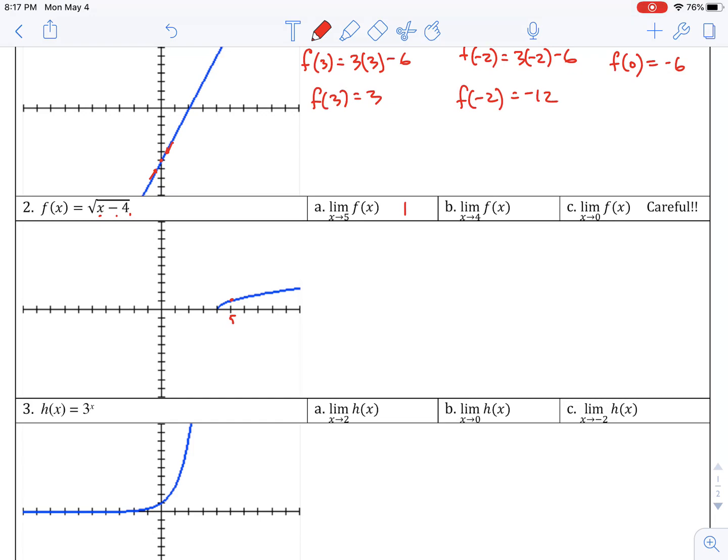The limit as x approaches 4, well, it looks like 4 would be right here, so it looks like it's approaching 0. And as x approaches 0, that's all the way over here, and the graph doesn't exist. So for D and E, the limit does not exist.